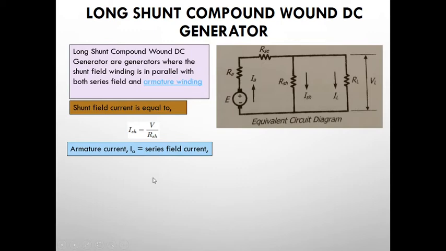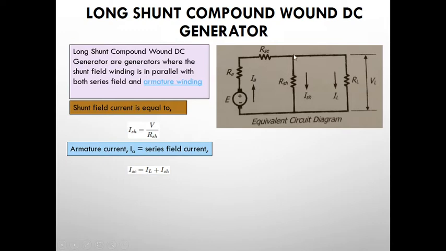Next is armature current IA. This is IA. To solve for IA by inspection also, since the series field winding is connected in series with the armature winding, they must have the same current. So ISE is equal to IA.